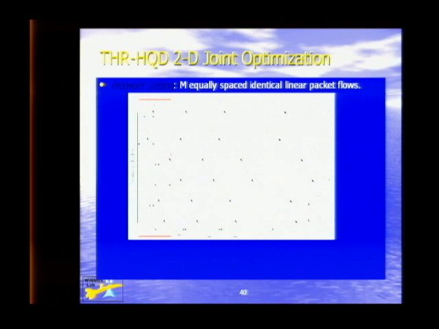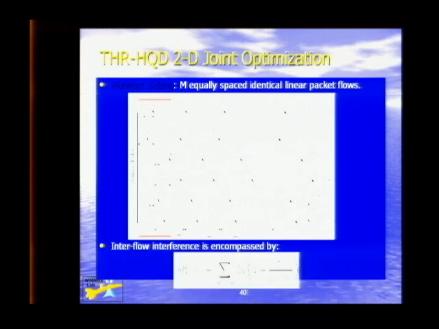Secondly, we would like to see how far apart these flows should be, because if you put them too closely together, then you effectively have a combined rate of a single flow. If you put them too far apart from each other, each of them appears to be an independent flow, but the number of flows that you can maintain in the network goes down, therefore your throughput goes down too. So there is also a set of constraints that we will take into account for the interference between the flows in the network.